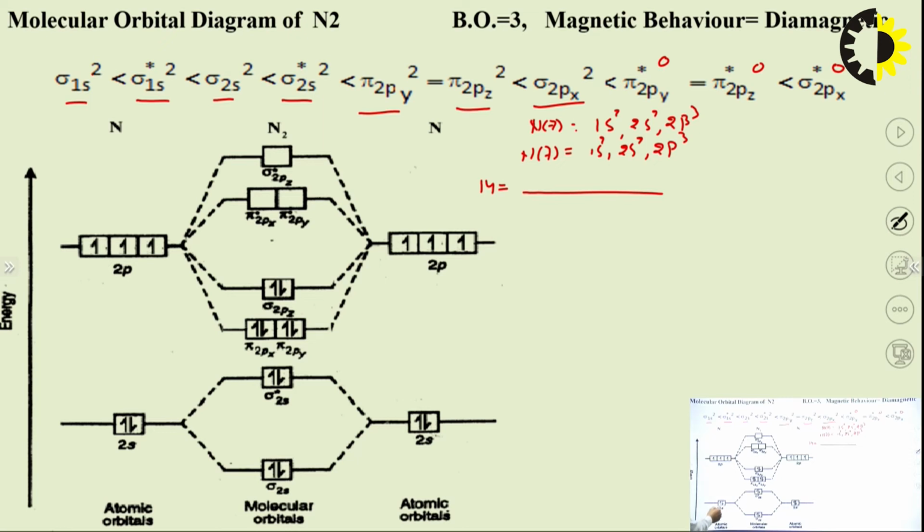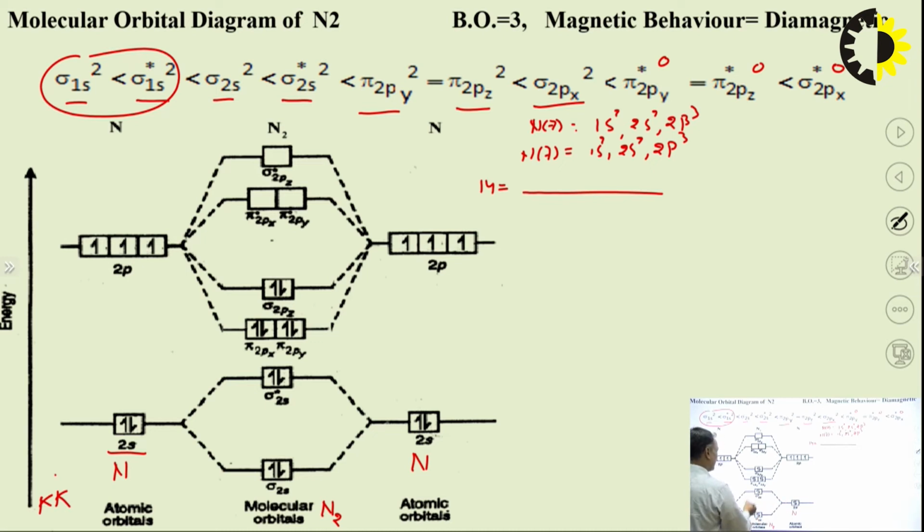Below this is the 1s orbital, which can be represented as the KK shell, and I am skipping the KK. For 2s2, this is the energy level of 2s of one nitrogen, the atomic orbital of one nitrogen. When they overlap each other, they will form the nitrogen molecular orbital.